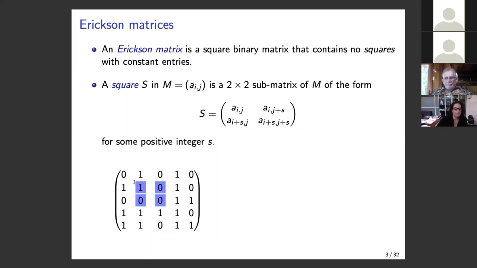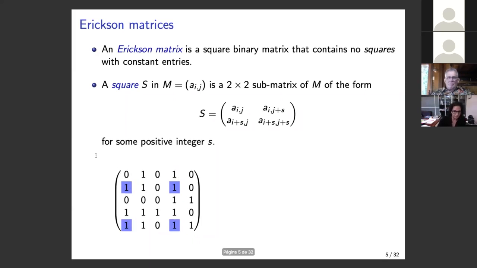Binary means we have entries 0 and 1. This is a square which is not constant. This is another square which is again not constant. So maybe this matrix is an Ericsson matrix. We have to check all squares here, but as you can see, this is a constant square, and therefore this matrix is not an Ericsson matrix.